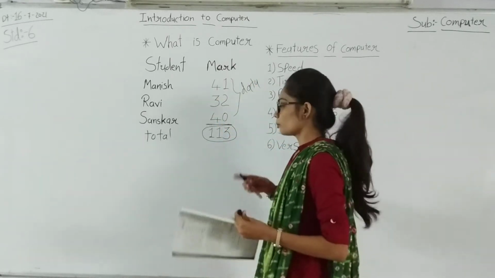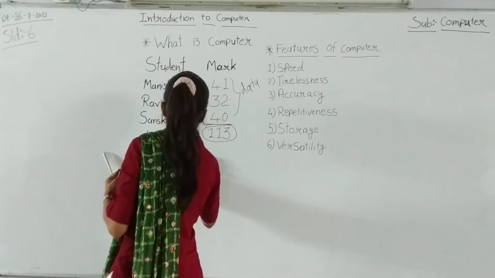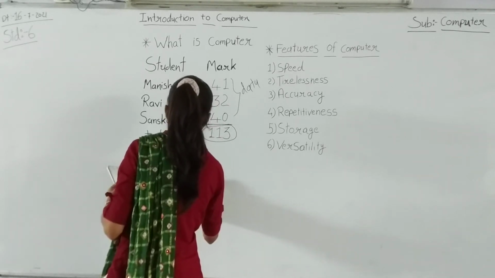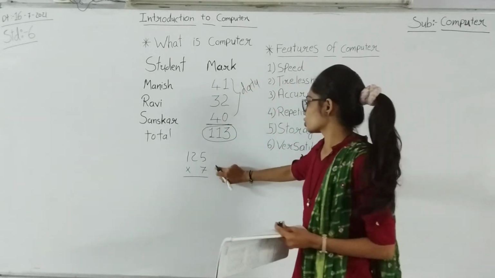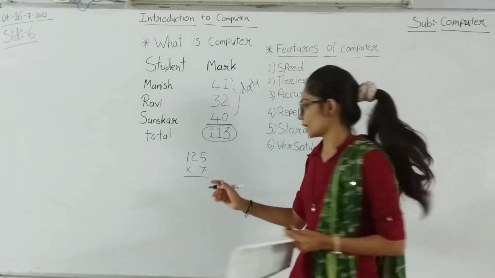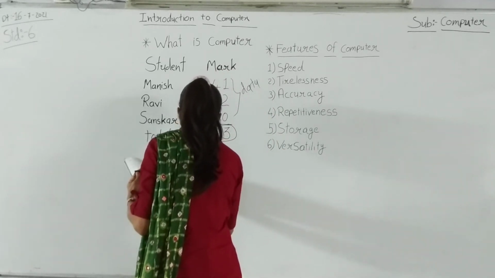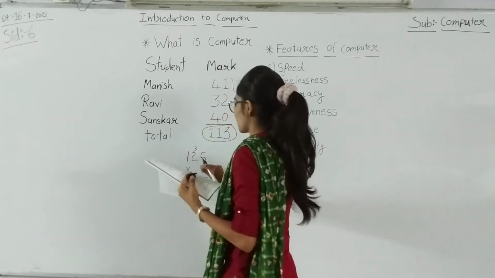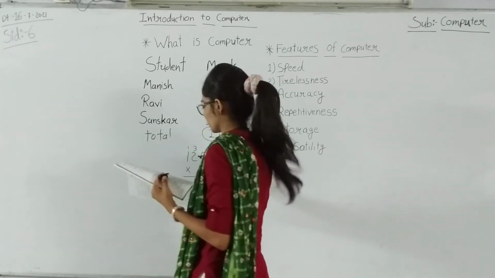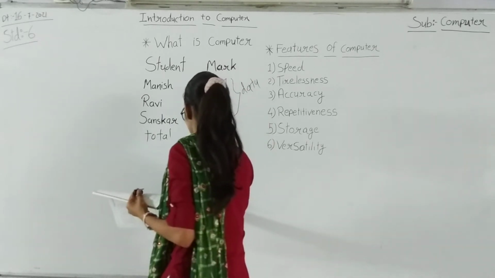If we want to calculate 125 multiplied by 7, we can check it manually, and it takes time: 7 5s are 35, 7 2s are 14, 7 1s are 7, and so on.